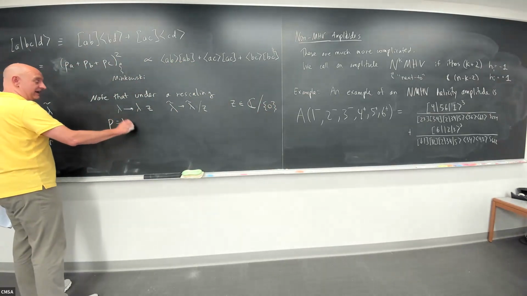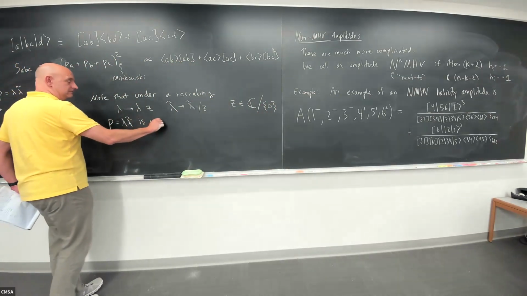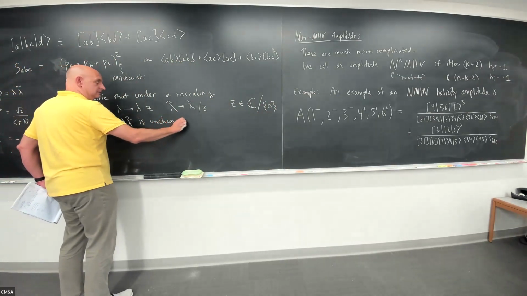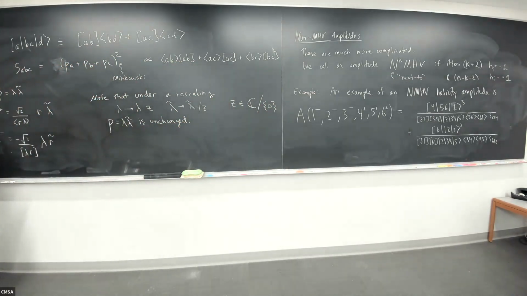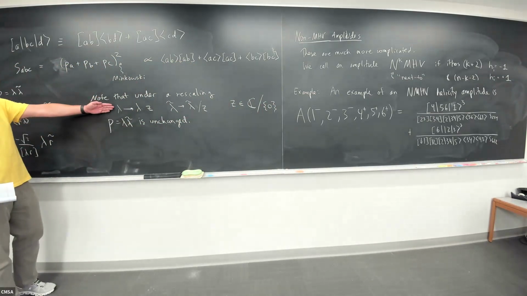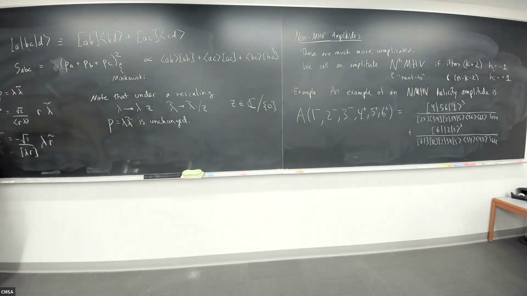P is unchanged. Obviously, we've introduced these new variables in order to parameterize our space of momenta, and they're overcomplete. There's a redundancy.